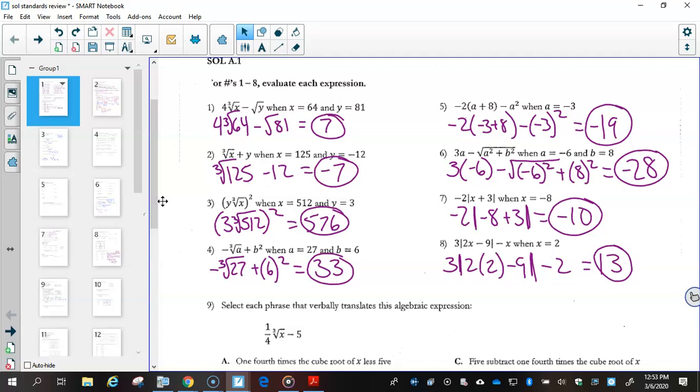And 8 was 13. Do we have questions on any of these 8?